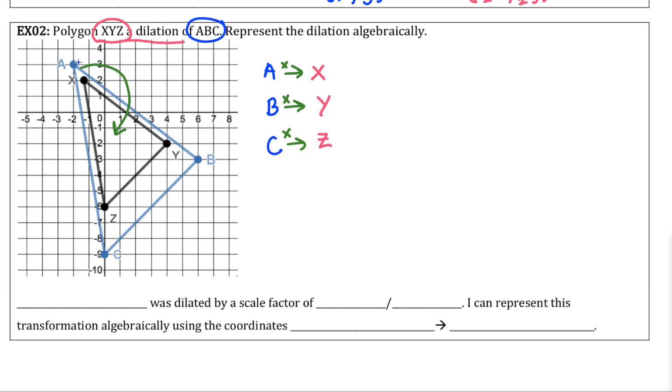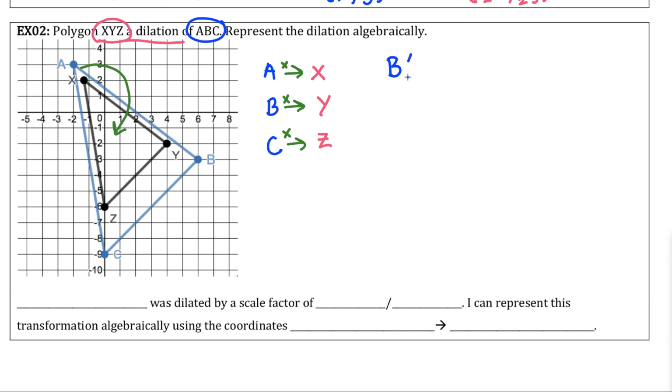I could use A to X, but you see, this is like a weird decimal. I could use Z and C, and I could use Y and B. So I'm gonna use B and then Y.